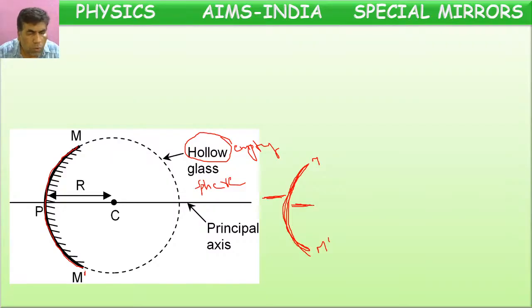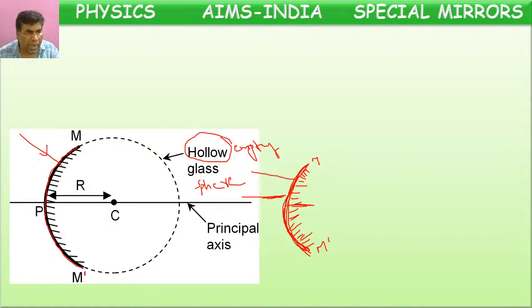So what do we do to make that glass surface a reflecting surface? At one surface, we have to coat it with silver nitrate, and for protection, we can make use of red paint. So one surface is coated with silver nitrate, and the other surface acts like a reflecting surface.